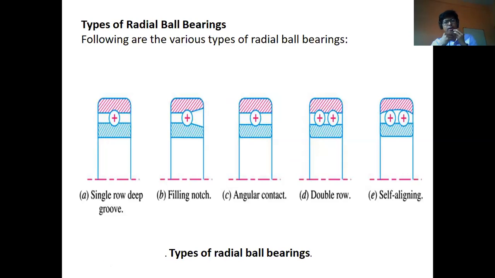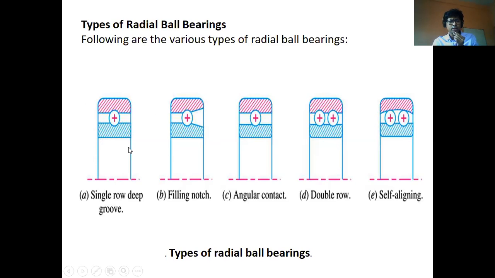Now radial ball bearings have different types. Single row, here only a single row with deep grooves. Then there is a notch on this side, and then the angular contact bearing.